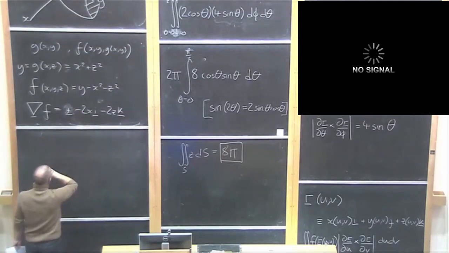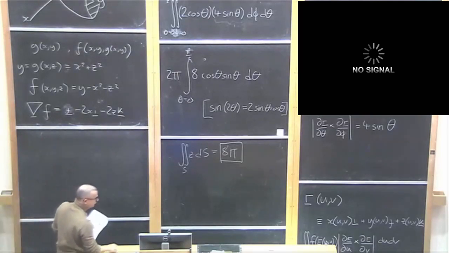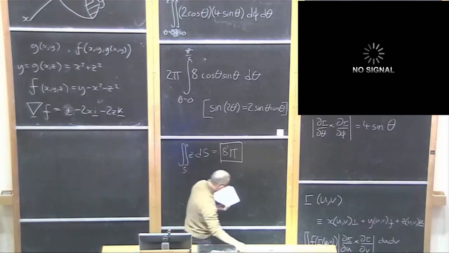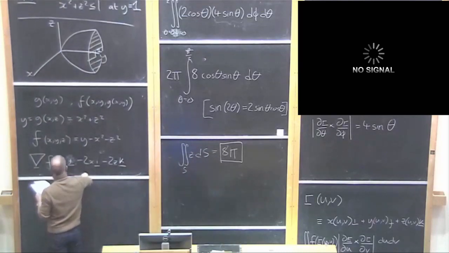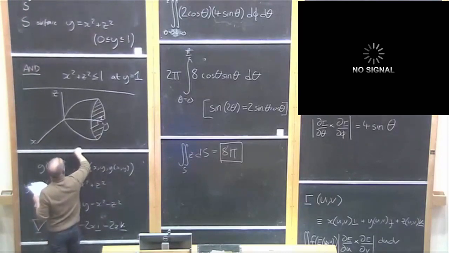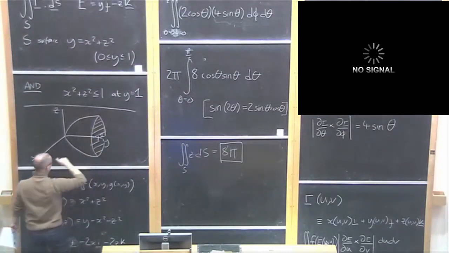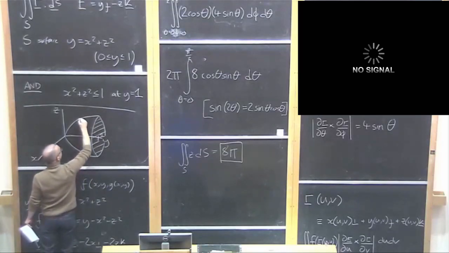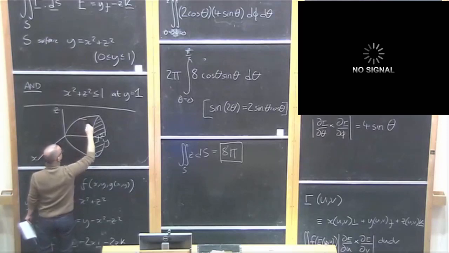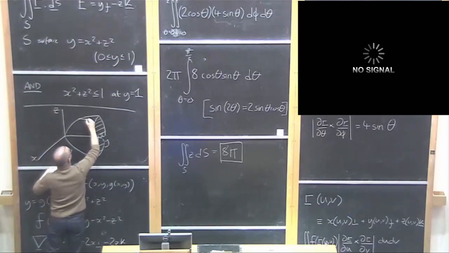Right. So if we look now at that vector j minus 2xi minus 2zk, so it goes in the positive j direction. If I imagine I have some point on my surface, it goes in the negative x direction.